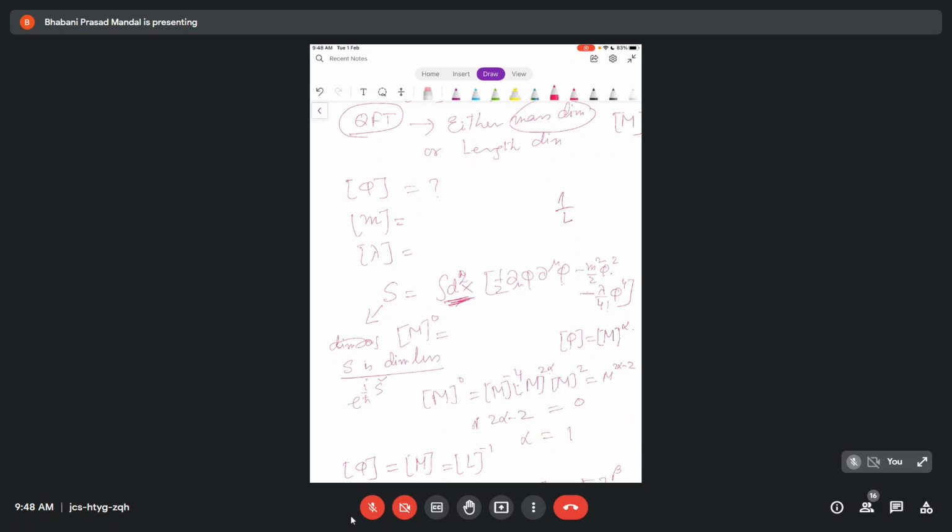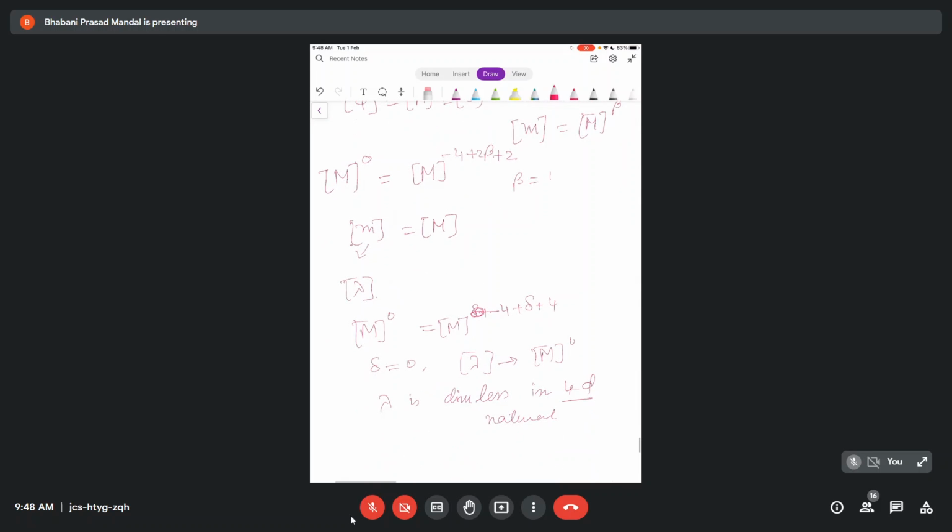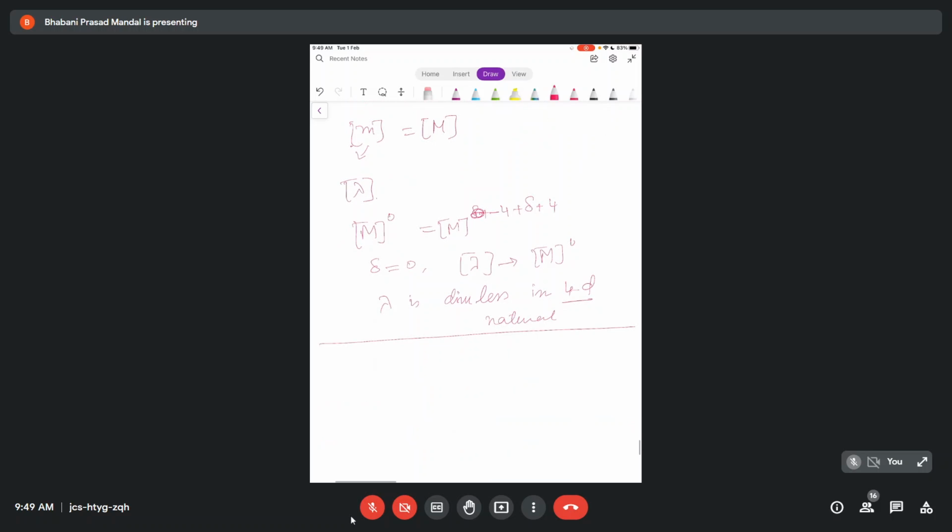So whatever calculation I do, everything will change if my dimension is not 4. So the space-time dimension we generally consider is 4. So in 4 dimensional natural units, this lambda, mass, etc., the dimensions are given like this.